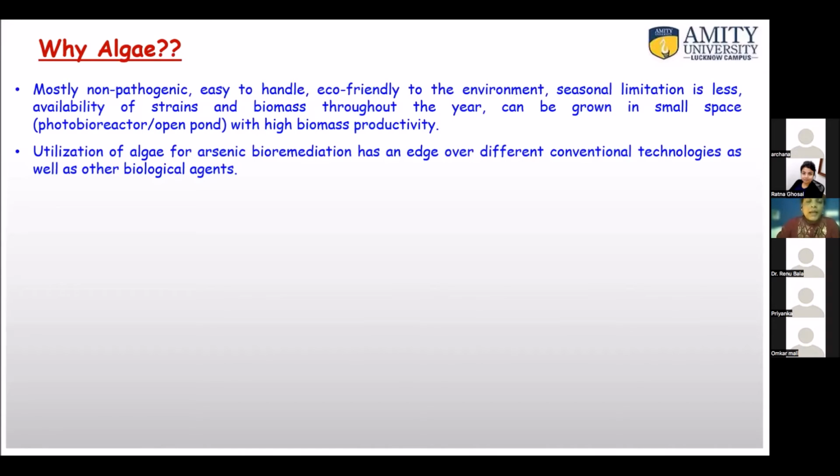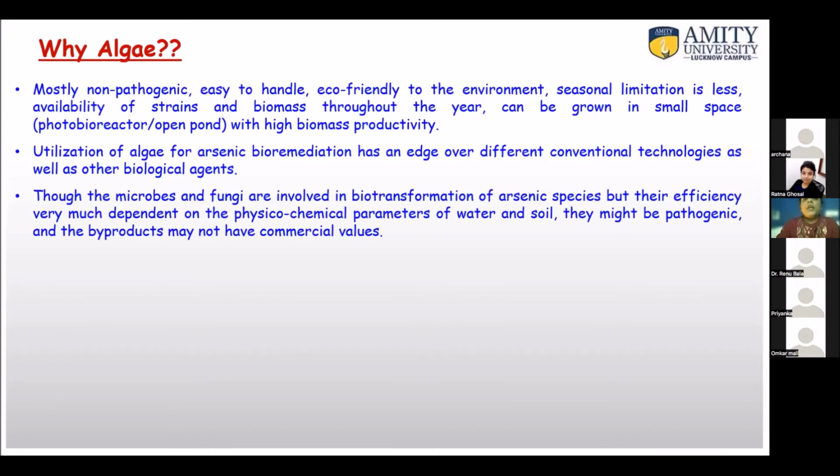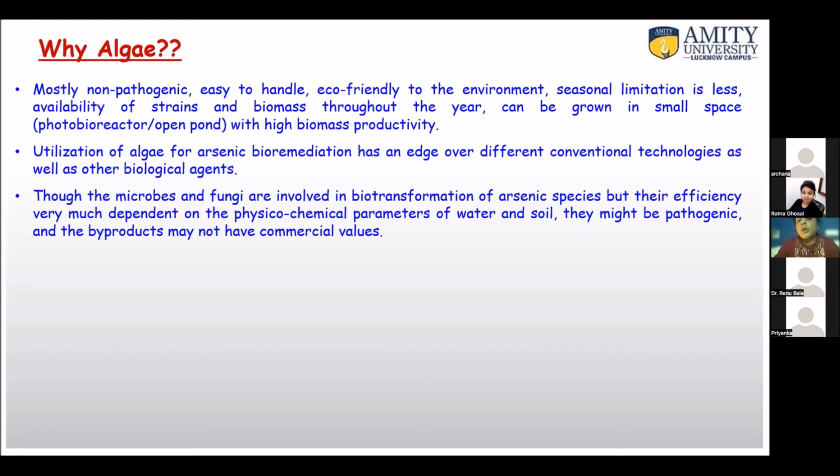But though the microbes and fungi are involved in the biotransformation of organic species, their efficiency very much dependent on the physicochemical parameter of water and soil. They might be pathogenic and byproducts may not have commercial values.